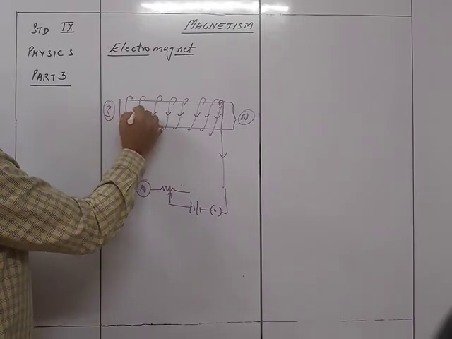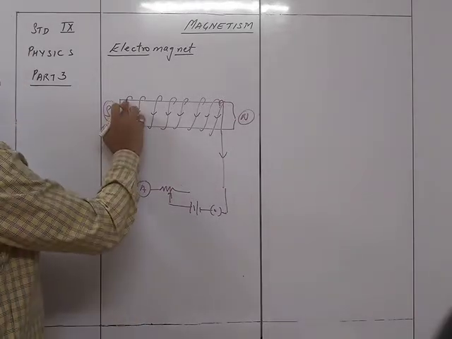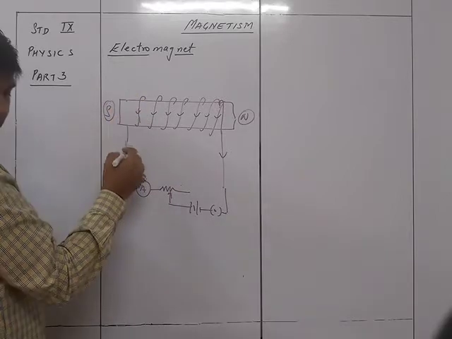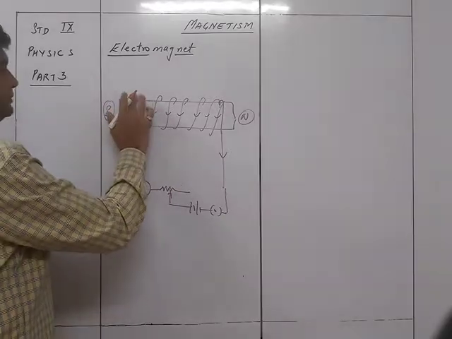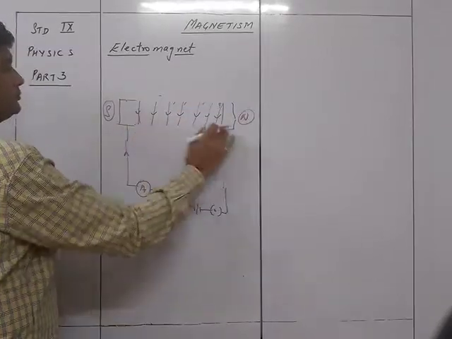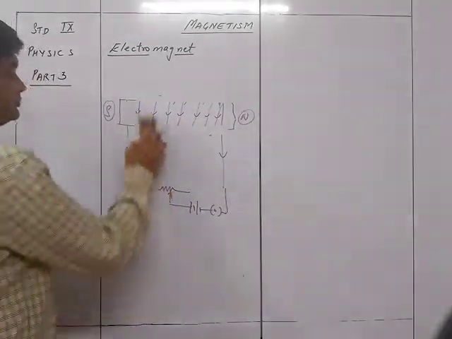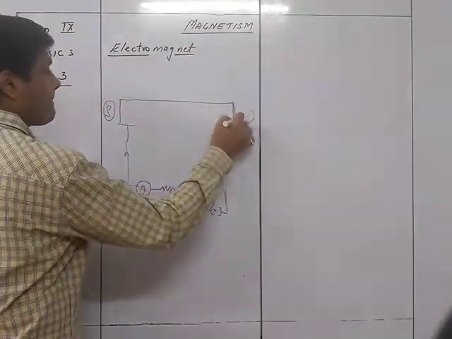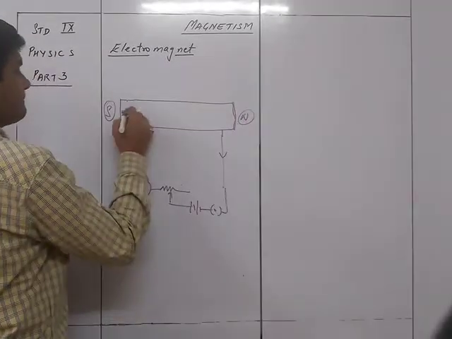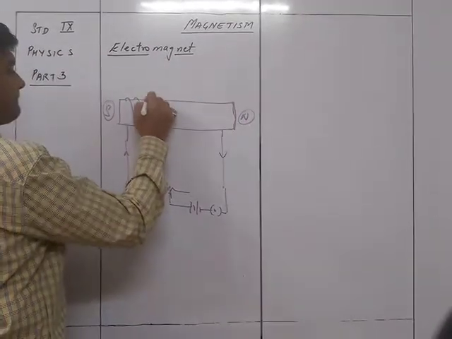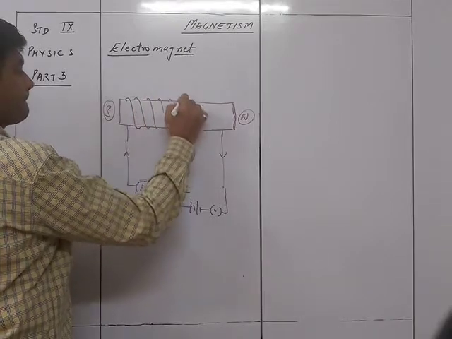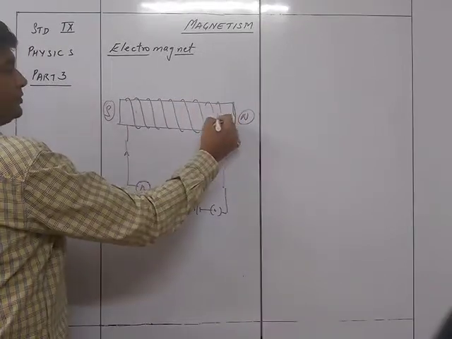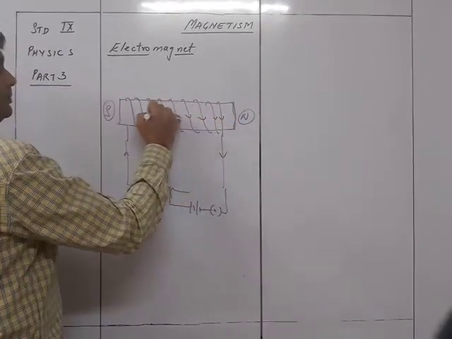I'll draw it as per the figure. As per the figure, this side is coming from inside. So this is the way the coils are there.